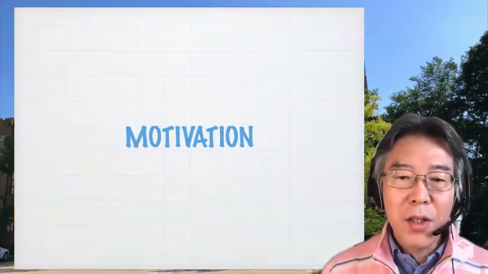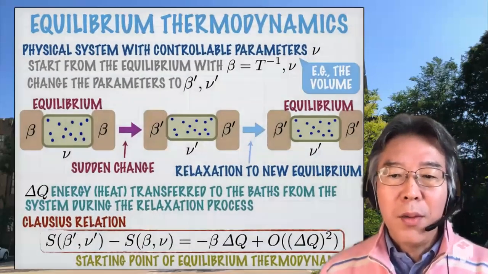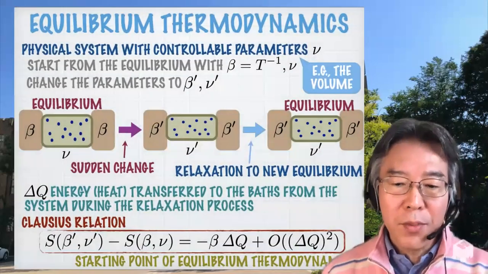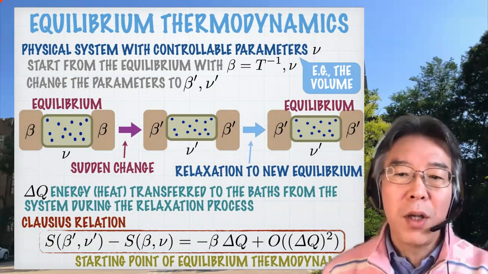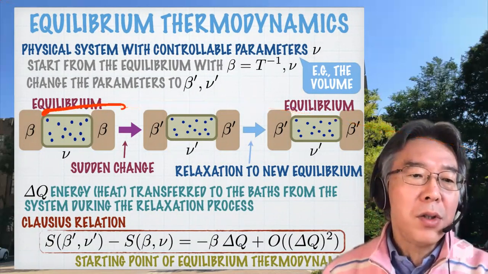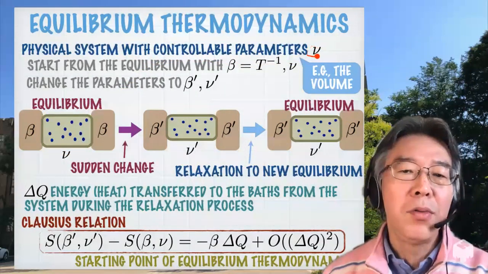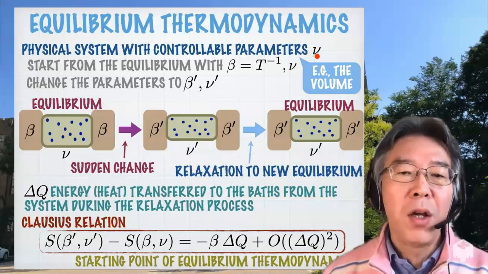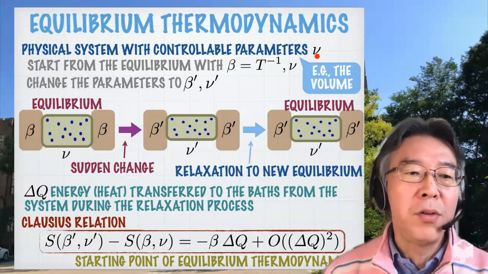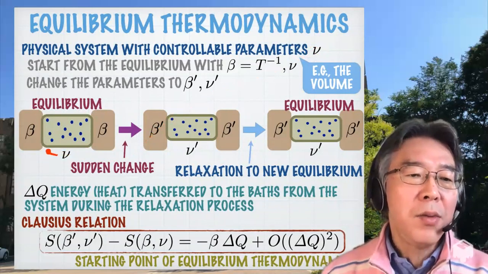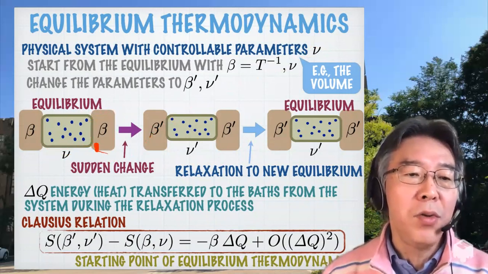Motivation. Let me start from equilibrium thermodynamics, about which we all know. We consider a system which has a controllable parameter nu, or a set of parameters nu, like the volume, external field, and something like that. Assume that the system is attached to a heat bath, which must be huge, with some given inverse temperature beta.